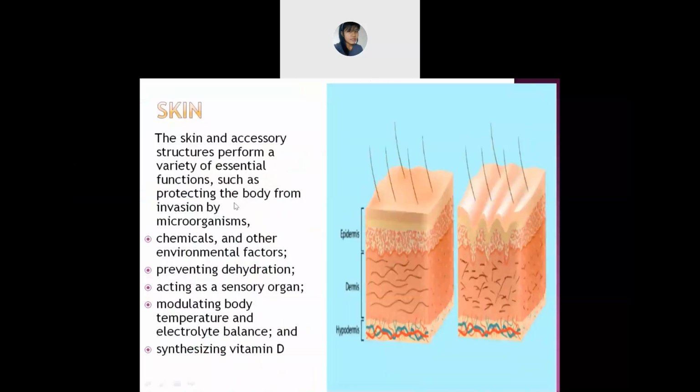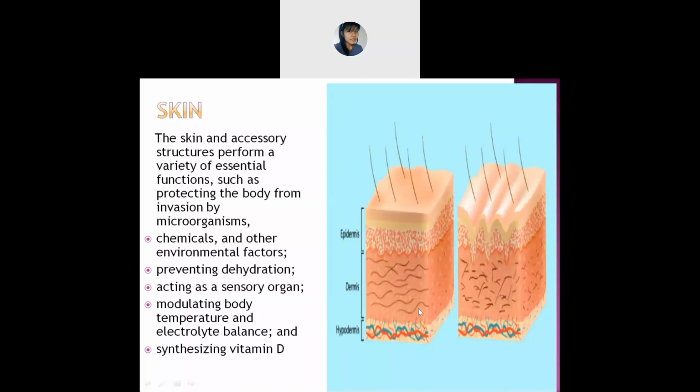Okay, so this is the skin. The skin is also part of your sensory organs, or you can say the sensory system. And the skin has some special functions. It is responsible for some particular functions. So what are those? The skin protects our body from the microorganisms which invade our body.